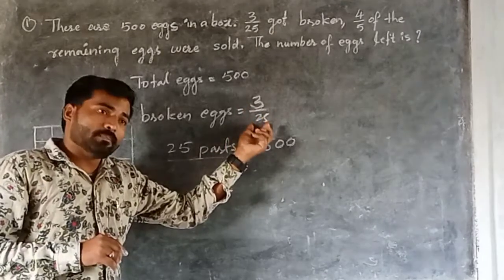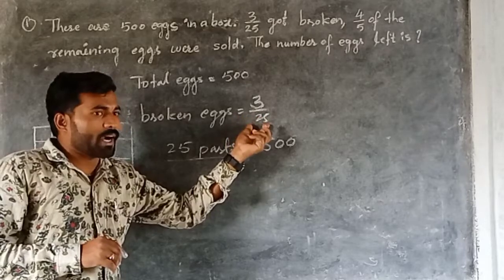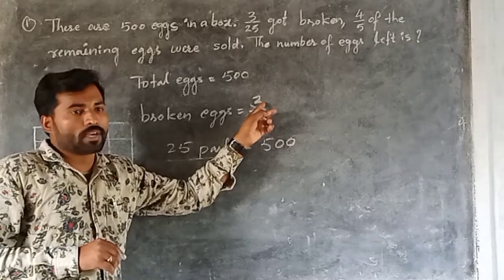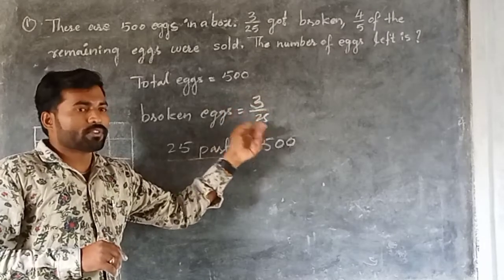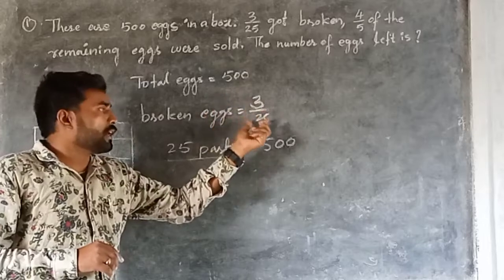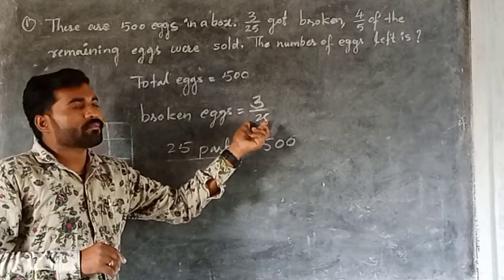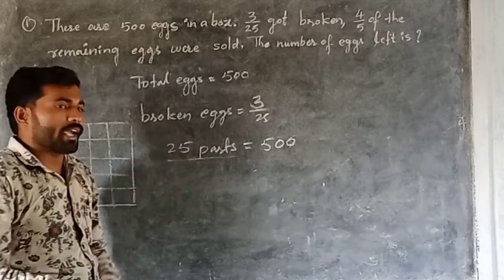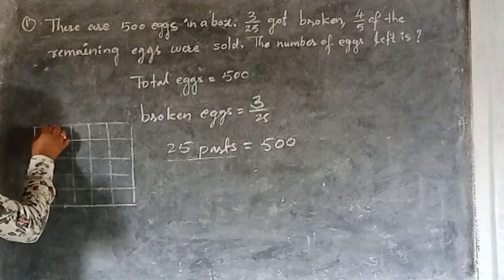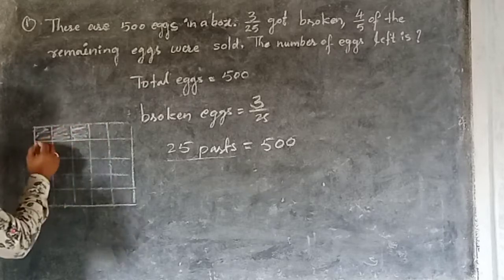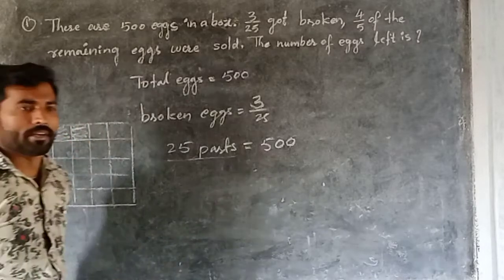In these total 25 parts, how many parts were broken? 3 parts were broken. 3 by 25th parts are broken. Yes or no? Yes, sir. All total parts are 25. Among these 25 parts, 3 parts were broken. 1, 2, 3.